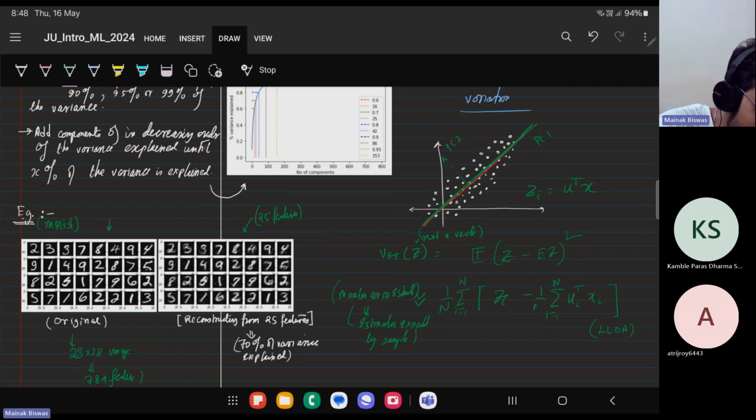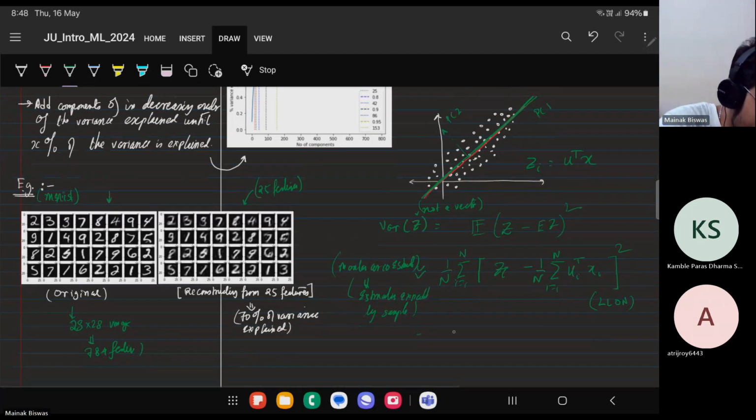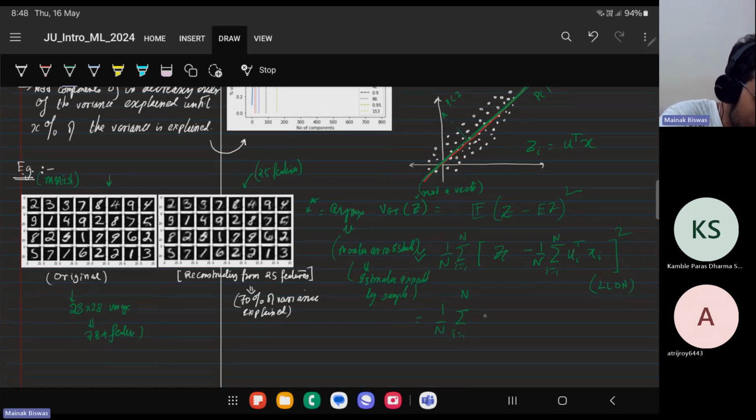Expected value of z minus mu, squared. Now, what does this mean? Do you agree this means 1 by n, and you are trying to argmax this? Argmax over mu will give you this: 1 over n summation zi, where zi is u transpose xi.